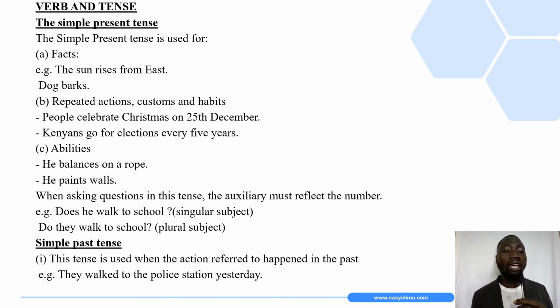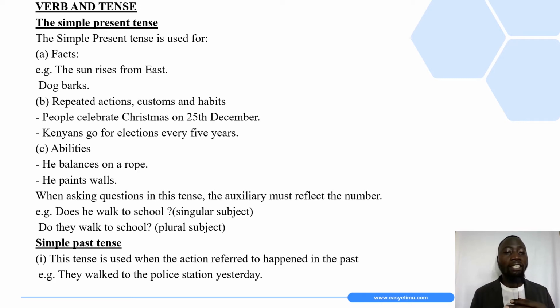It is also used to talk about repeated actions, customs, and habits. For example, people celebrate Christmas on 25th December. This is an action that is repeated, and it is a habit. It is something that happens annually.